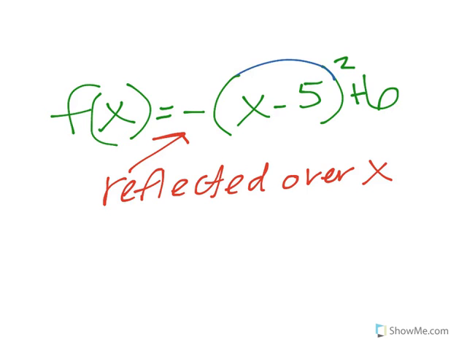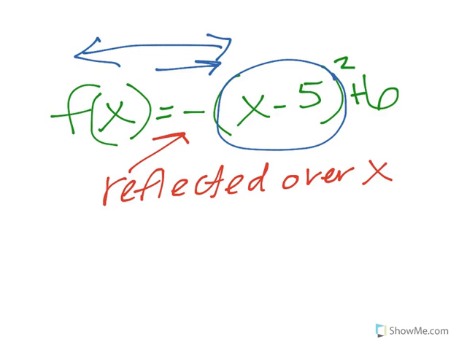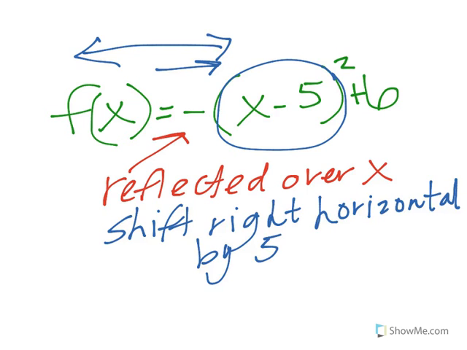Regularly, this looks like a -5, but we have to think about it as actually a +5. On a number line, +5 means going right because that's the positive way. So we shift it right horizontally by 5.